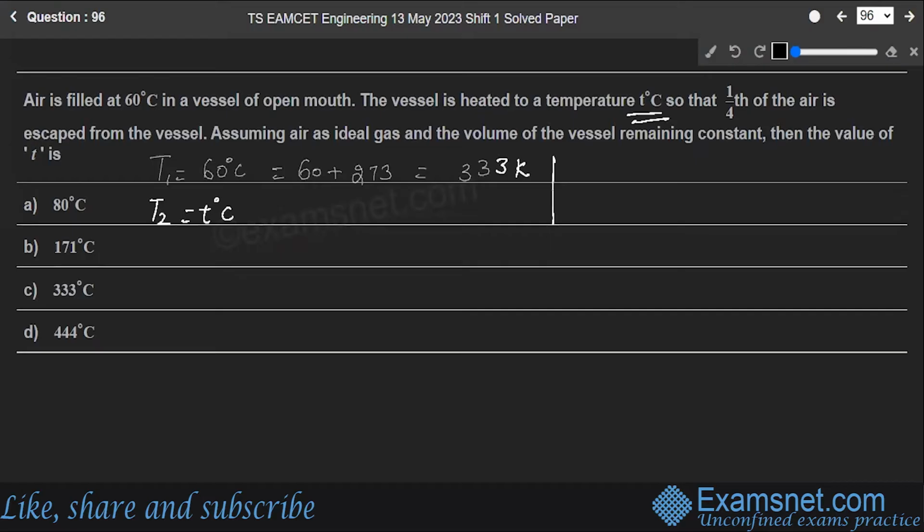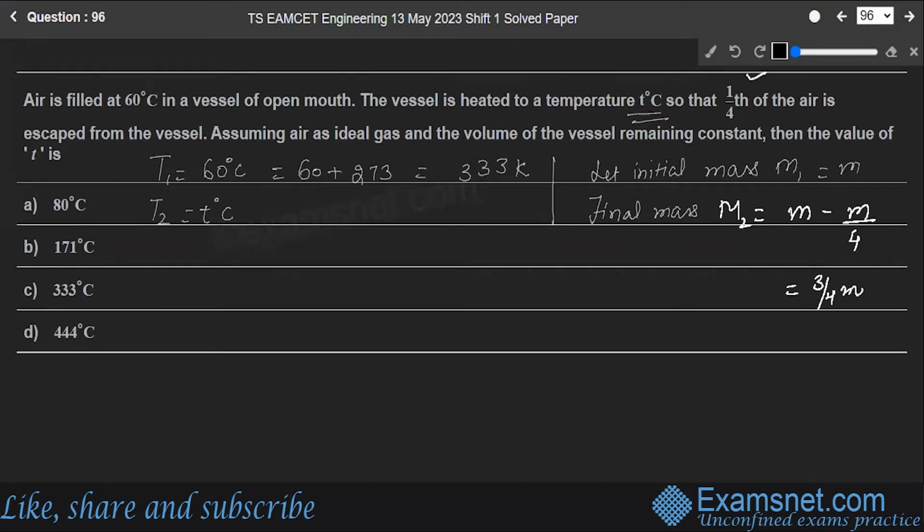Also, one more thing: let's say initial mass M1 is equal to M, then final mass, because 1/4 of the air has escaped, let's say that is M2. This is equal to M minus M by 4, because 1/4 has escaped, so this is equal to 3 by 4 of M. Hope you're clear till here.